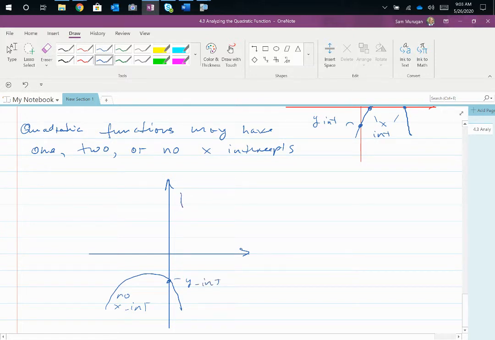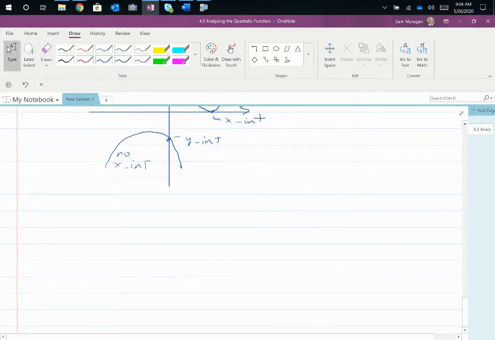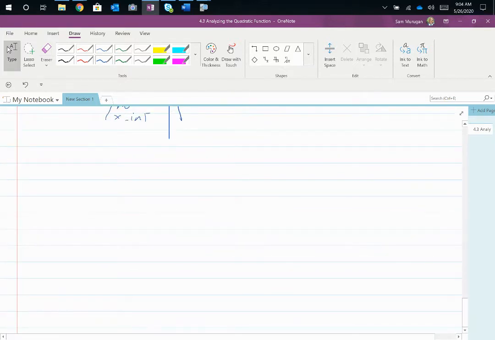Now, it could also have one single x-intercept if it goes up and touches the graph, one x-intercept. Okay, so be prepared that it could have one, two, or no x-intercepts depending on what the situation is for the graph. Now I'm going to give you a few steps to analyzing the graph of a function.